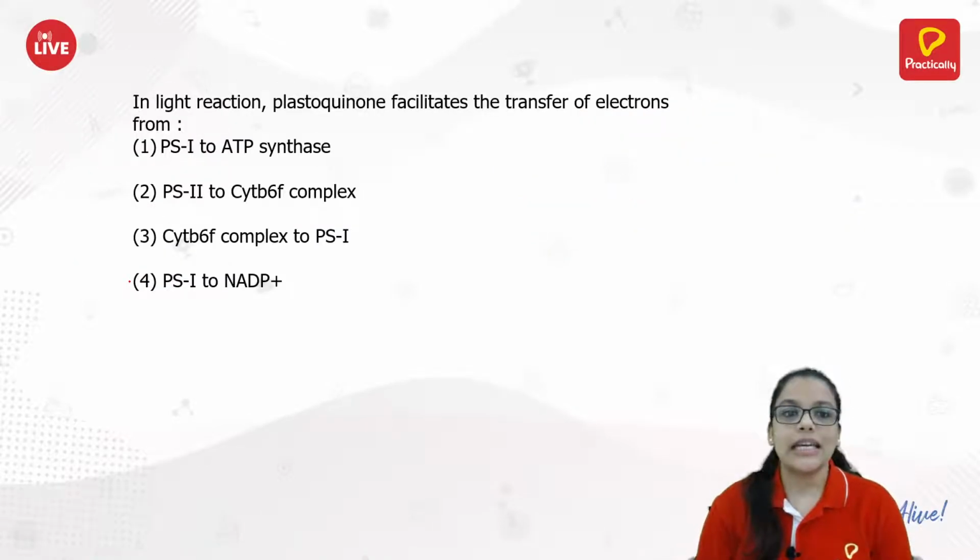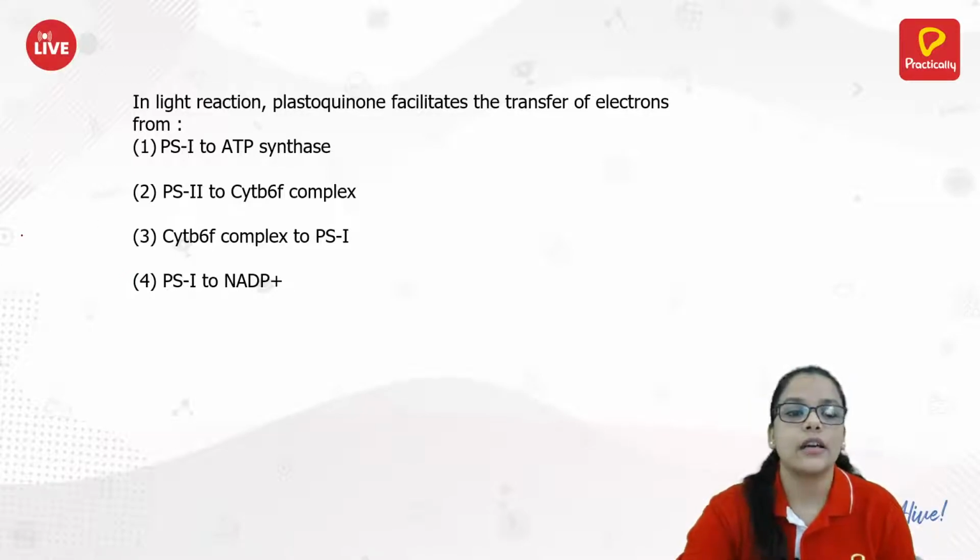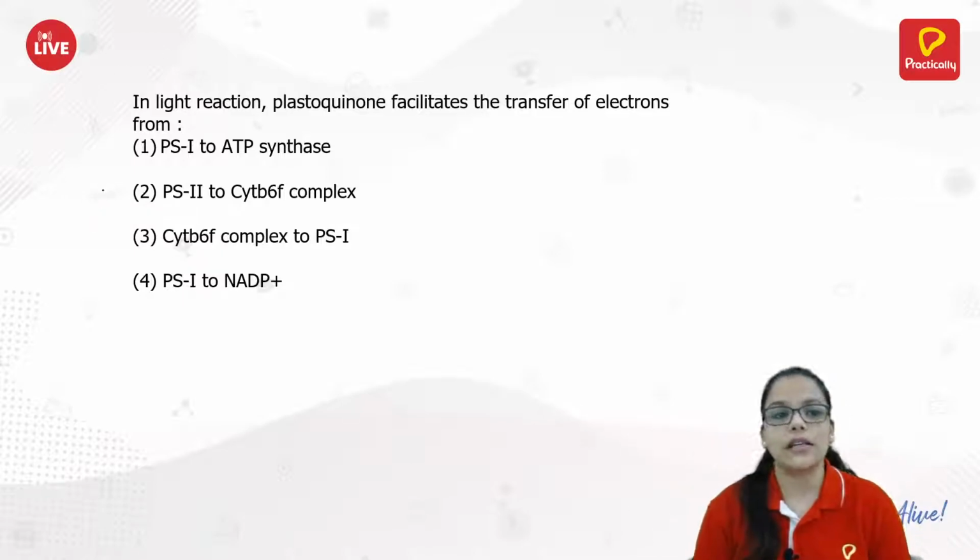Okay, next. In light reaction, plastoquinone facilitates the transfer of electrons from PS1 to ATP, PS2 to cytochrome b6f, cytochrome b6f complex to PS1, and PS1 to NADP. This is a very common question which we've discussed also.